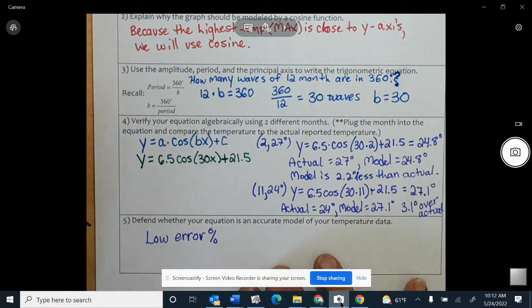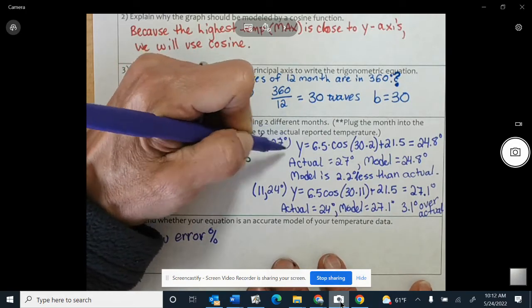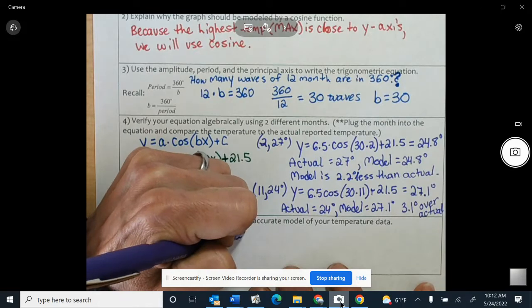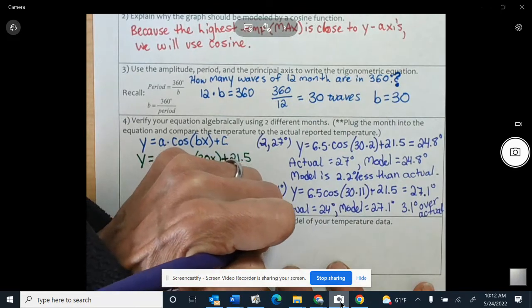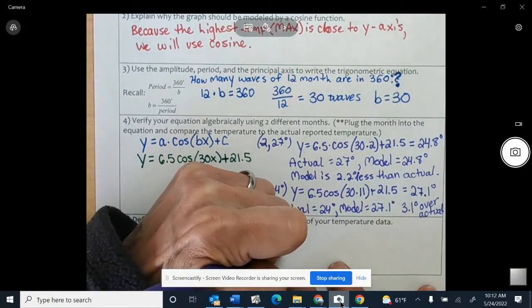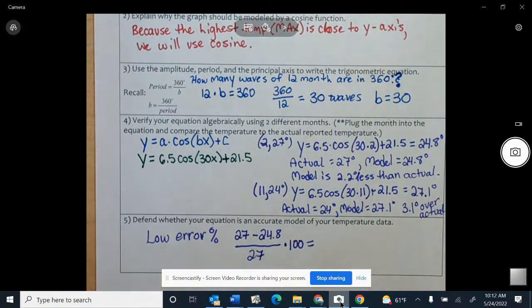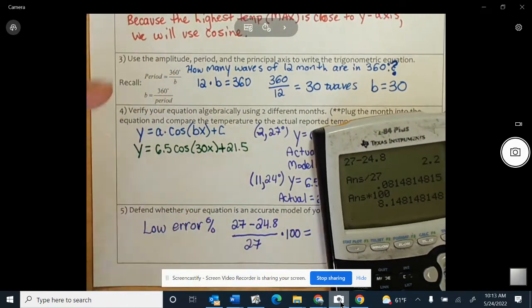For example, if we looked at 2 and 27, if we compared the actual, which would be 27, to the estimated, our 24.8, and then divided by the actual 27, and multiplied this by 100, we get an error percentage. 27 minus 24.8, dividing by 27, and then multiplying by 100. You might argue that that is a lot of error, actually.